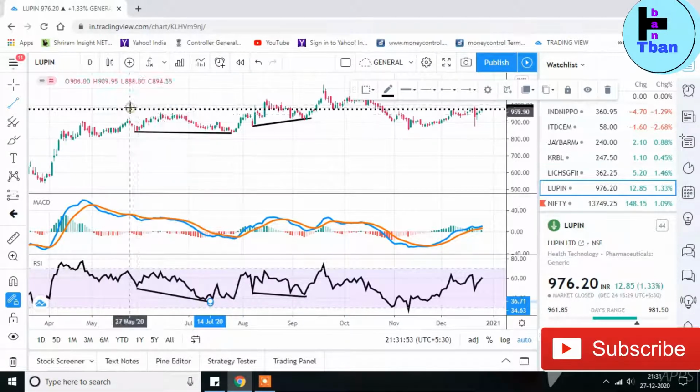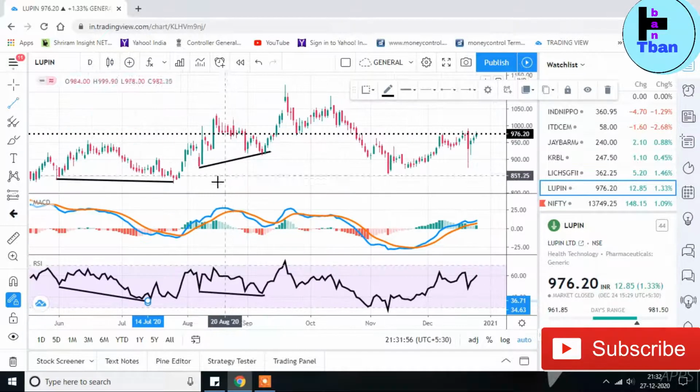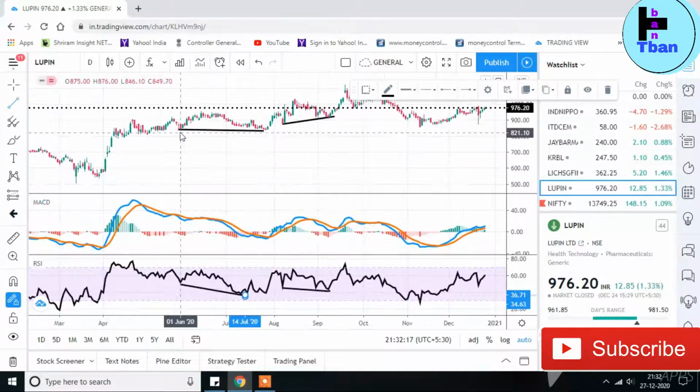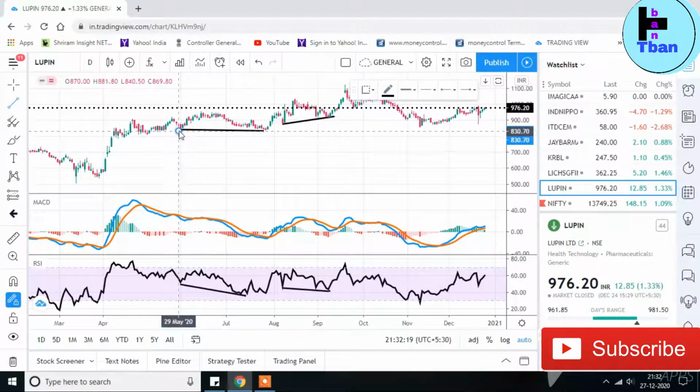If you take entry from here, if the MACD line crosses the signal line, stock rises. If you take entry from here, suppose this point is 843 low, 862 high. Suppose you take entry at 850, then stock rises to 924.